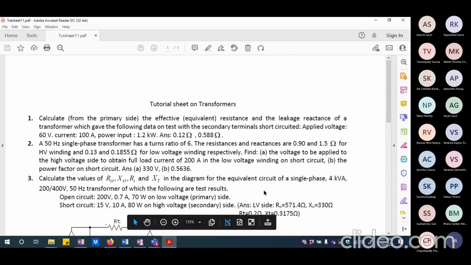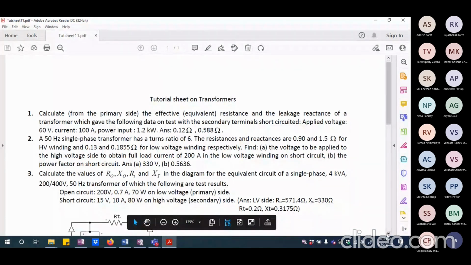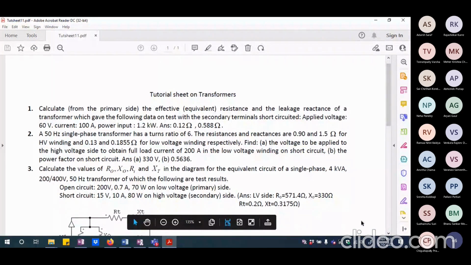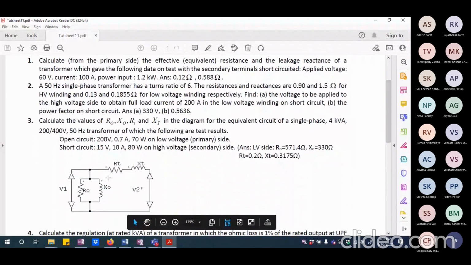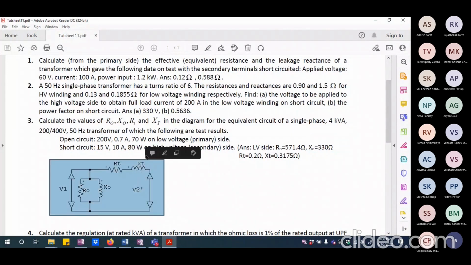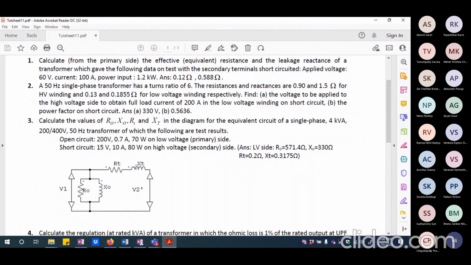I don't know if it is on regulation, then I would like to probably, no, I think this is also equivalent circuit, so it should not be too bad. Calculate the values of R0, X0, RT, XT. Please note, whatever I specified as R equivalent, that is specified as RT here. And similarly, whatever I called as X equivalent, that is given as XT here.